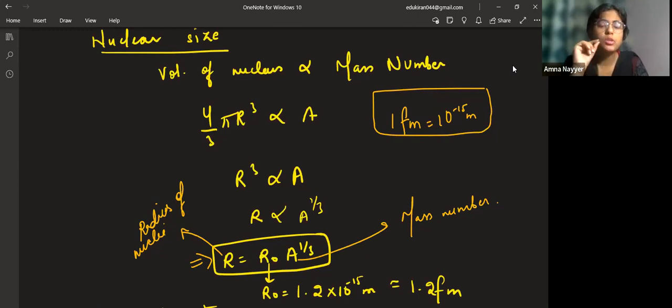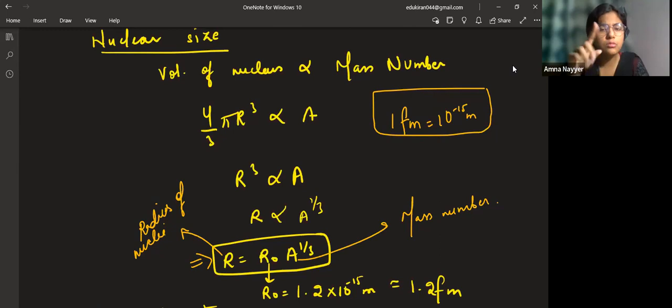So the value of R naught is fixed, that is 1.2 Fermi meters, and 1 Fermi meter we write as 10 to the power minus 15 meters. Now see, in some questions it is specified whether to use 1.2 Fermi meters, or it is given to use R naught as this many Fermi meters.